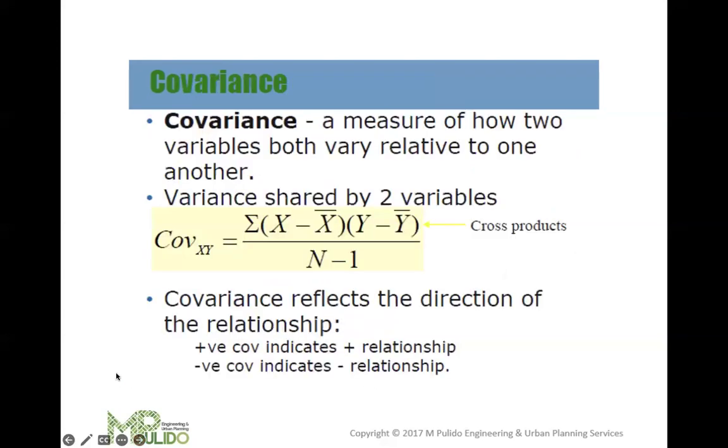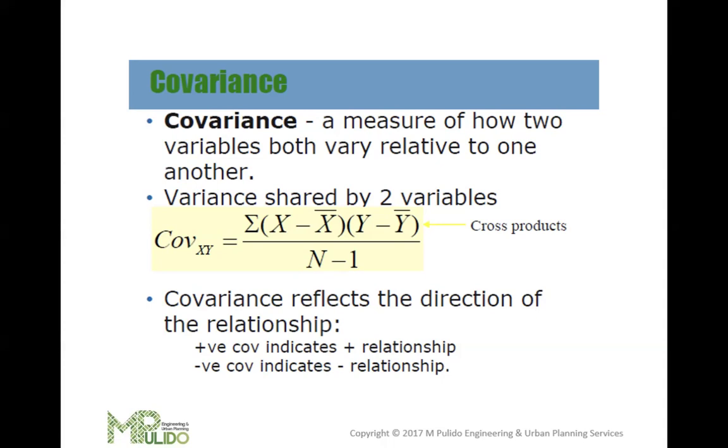Okay. It is also a statistical measure that indicates the extent to which two variables change together. It helps in understanding the relationship between the variables, specifically how they move relative to each other.